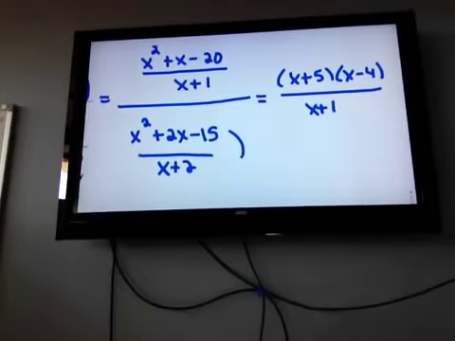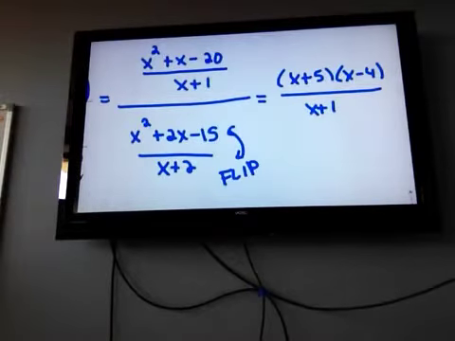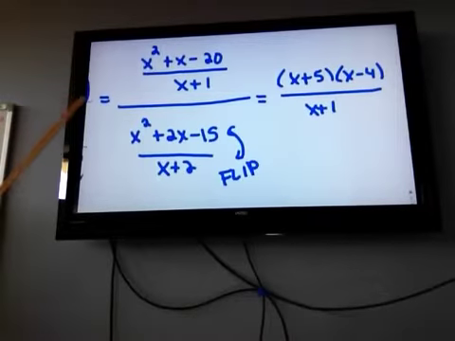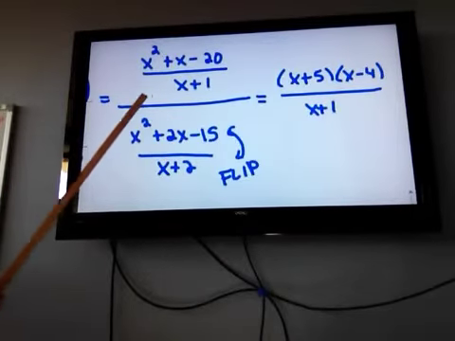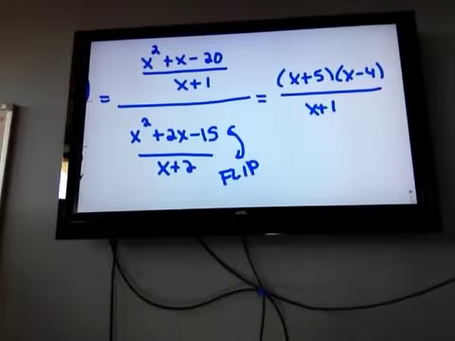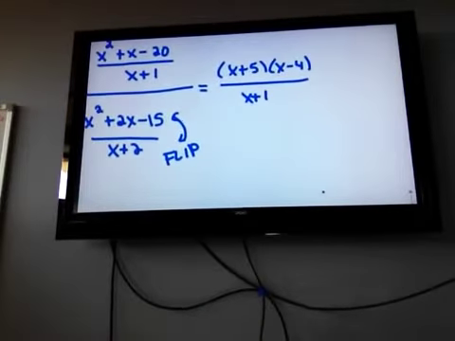X plus 1, you can't do anything to that. And then we're going to flip the one on the bottom because we're dividing by a fraction, so we flip this. So x plus 2 comes up top.